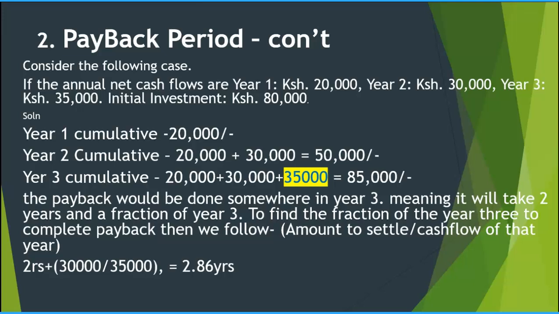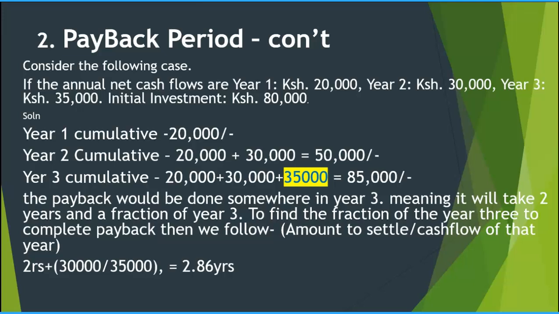How do you then compute when you have irregular income? What you need to do is compute what you call the cumulative amount per year. Year 1, you begin with what you have. Then year 2, you take the year 1 inflow plus the year 2 inflow.